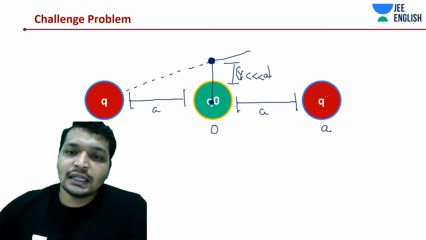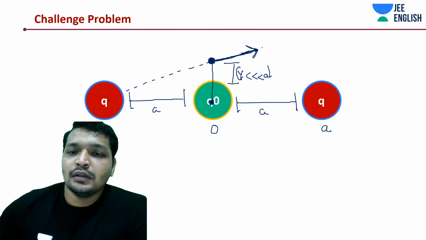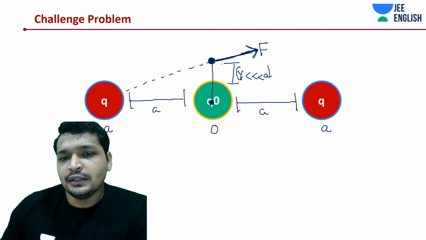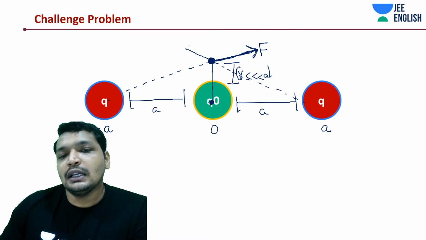Force in this direction. Once it is at this position, force would be in this direction, right? Same kind of force, same magnitude, again acting in this direction, isn't it?